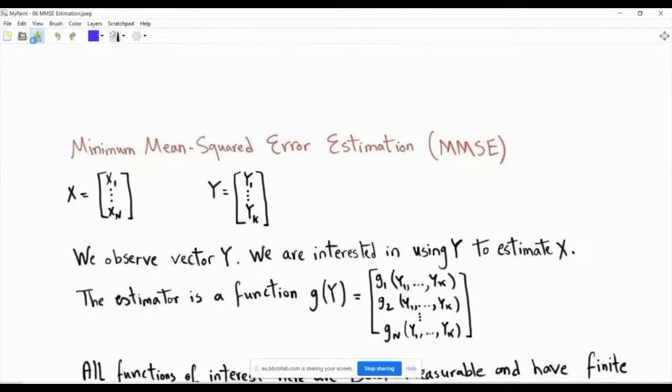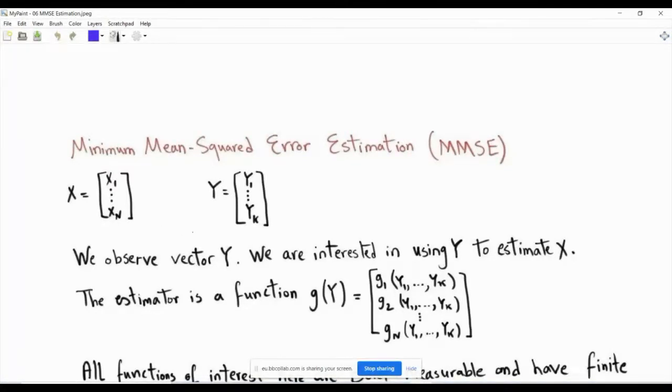And let's go for the general case from the very beginning. So let's suppose that x and y are not just random variables, but that each one of them is actually a random vector.